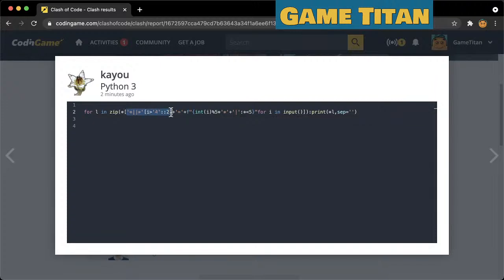Oh, that is very tricky. Very, very tricky. Oh, nice with the print.